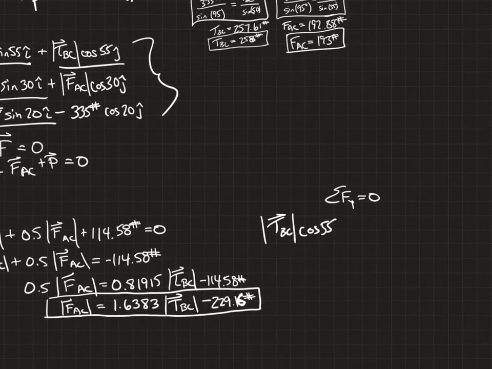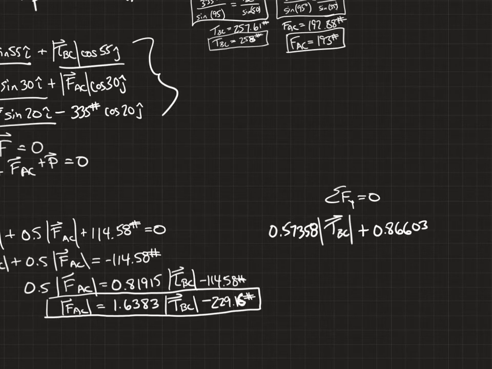I just put in the numbers. So let's just go ahead and put those numbers in. Okay, and then we're going to have a plus sign, and we'll have cosine of 30, which is like 0.866, I think. Cosine of 30 is 0.86603 times the magnitude of AC.